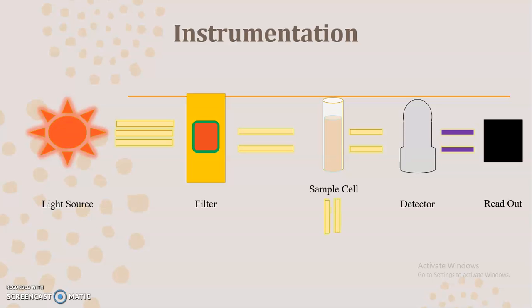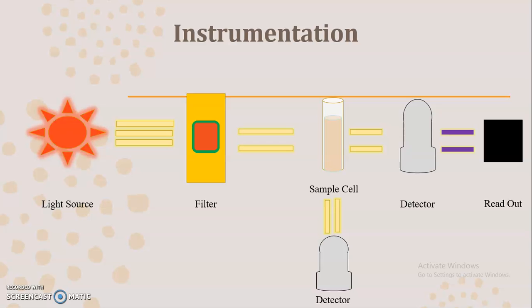If the detectors are placed at 90 degrees, then that technique is known as nephelometry, where the light falling on the surface of the particles present in the sample cell will be scattered at about 90 degrees, and that's why the detectors are placed at 90 degrees.